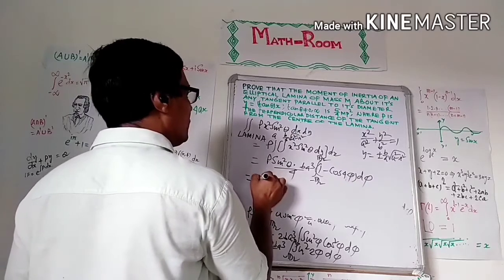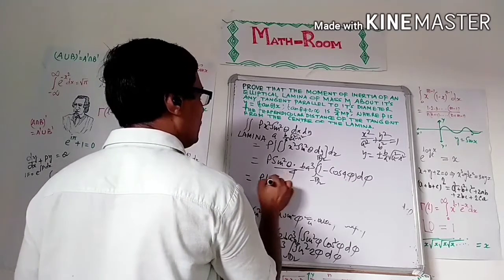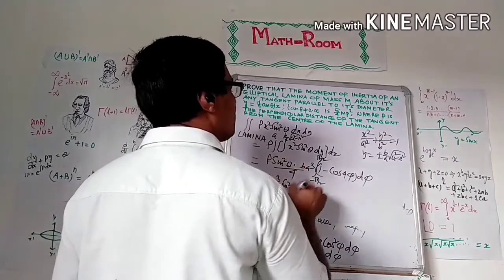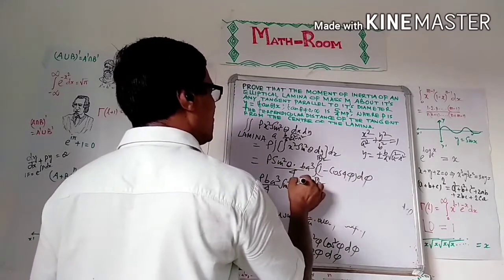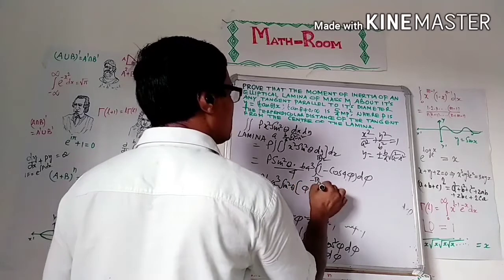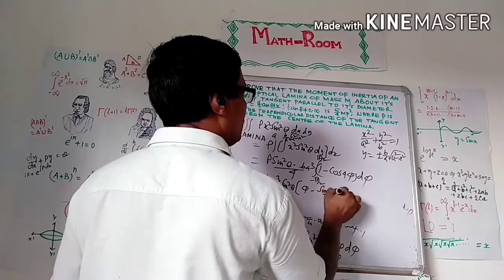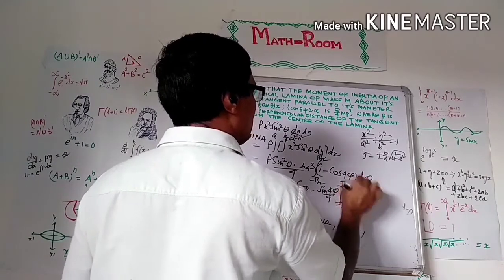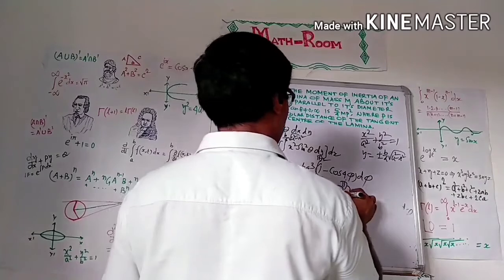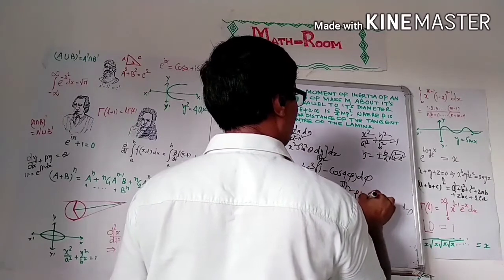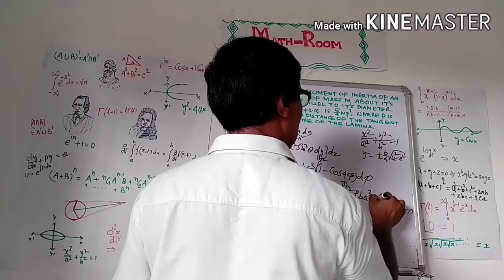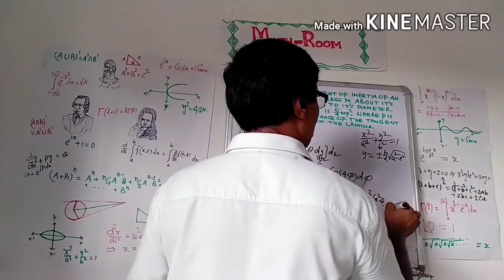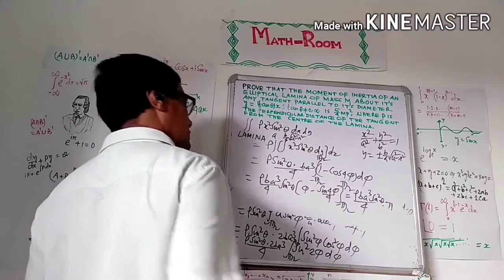Rho b a cube over 4 sin square theta. If we integrate this term, we get pi minus sin 4 pi over 4 minus pi by 2, and the value of this integral is rho b a cube sin square theta over 4 into pi, and this other term is 0.